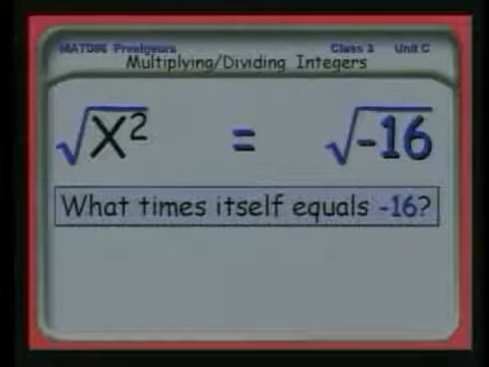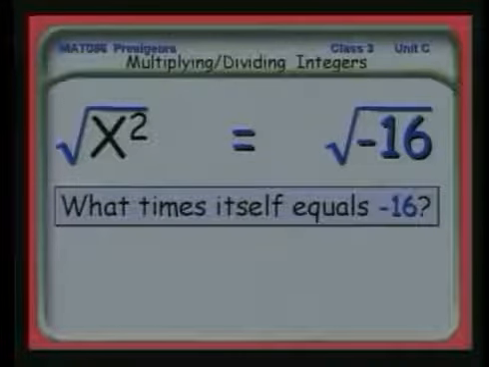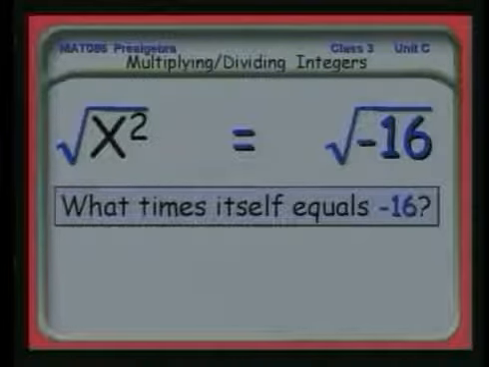Minus 4 times minus 4 is also plus 16. So are there numbers that I can multiply by themselves that will give me a negative number? And the answer, in a sense, is no and yes. As far as we're concerned in this class, the answer is no.